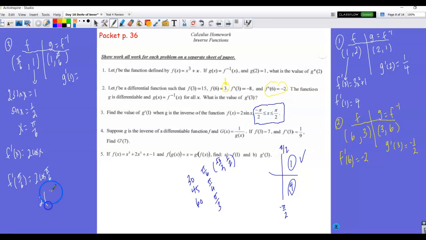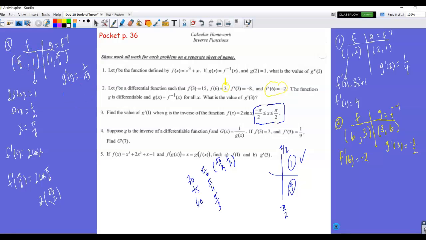We said the cosine of pi over 6 is root 3 over 2. The 2's divide out, and I get root 3 as the derivative of f at pi over 6. Partner points on inverse functions have reciprocal slopes. So the reciprocal of the square root of 3 is 1 over the square root of 3, and you don't have to rationalize that denominator.